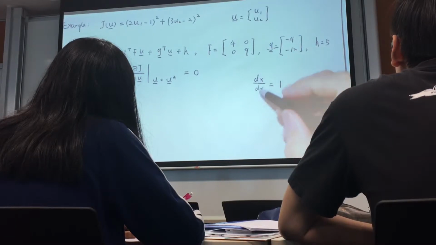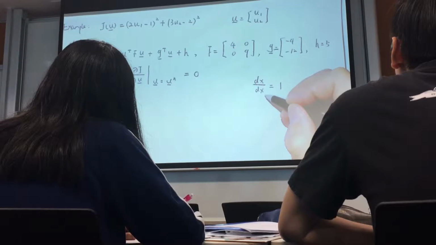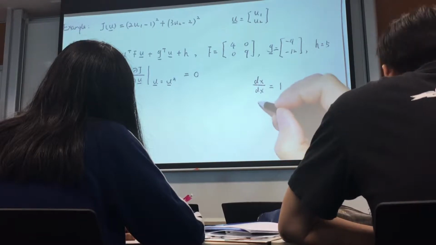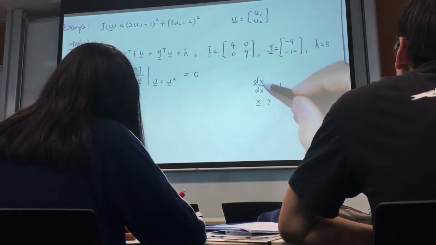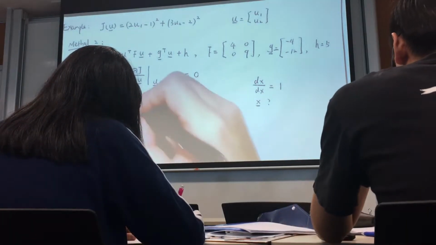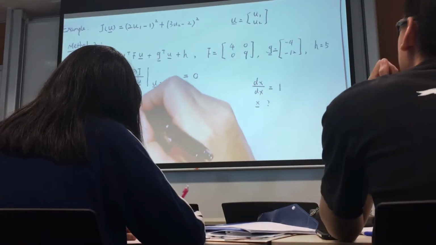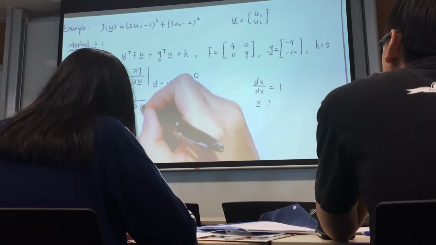But what happens if x is a vector? So if x is in vector form, then what happens? These are defined in matrix calculus. The definition is like this. So we evaluate in terms of vectors.